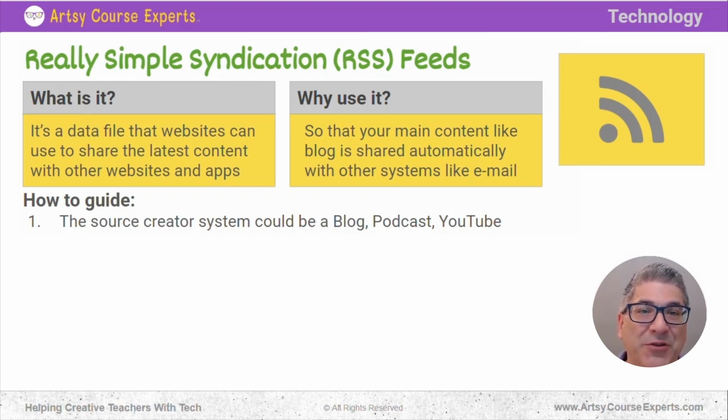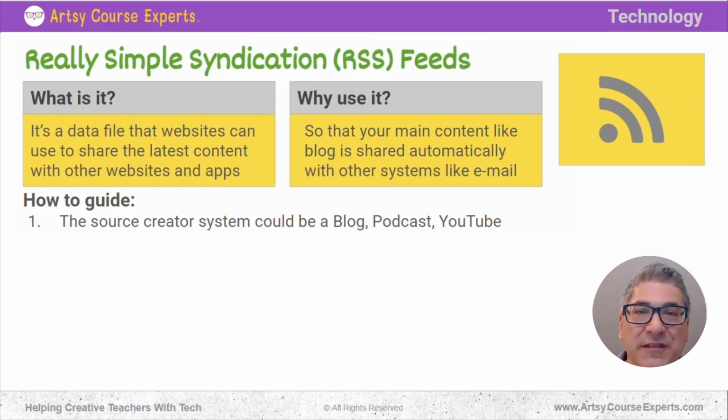So every time you add an article to your WordPress blog, your RSS feed is automatically updated with the information about your blog as well as the last posted article. It has the date and time, the title, the description, the image, etc. Sometimes you can configure those things. So every time you create content on a certain system, it could create an RSS feed for you. And then you can use that feed to connect it to feed another system.